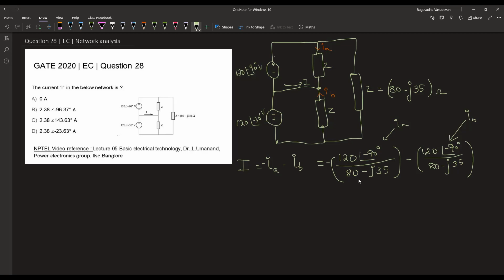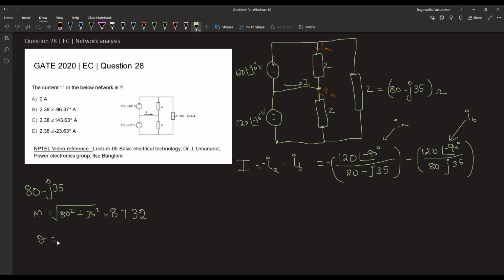For doing the division, we need to convert the rectangular form into polar form. 80 minus j 35 is the value of the impedance. The magnitude of the impedance will be the square root of 80 squared plus 35 squared, which is 87.32.